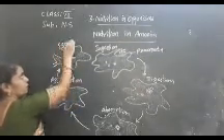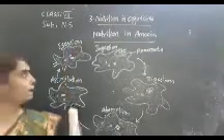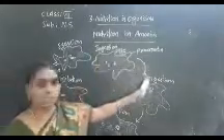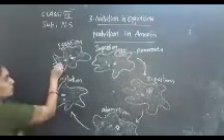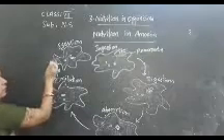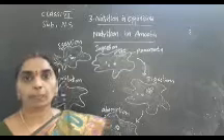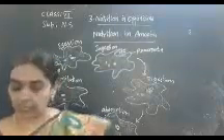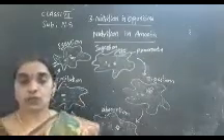The process is called egestion. So this is how the nutrition in amoeba takes place, children. First ingestion, next digestion, absorption, assimilation, egestion. From the pseudopodia itself, the waste material is excreted out. So this is how nutrition takes place in the amoeba, and we can also show it in the form of a flow chart.